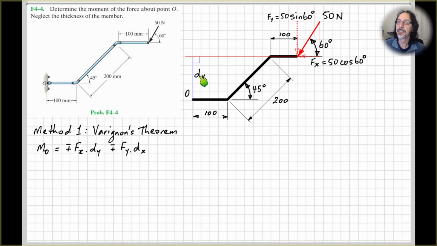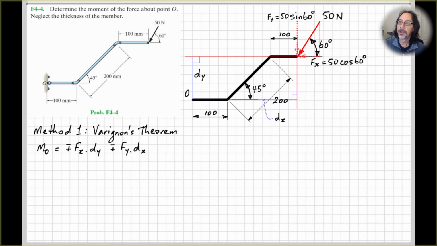So in this case, it's this distance here, dy, and I'm just using this little triangle here. We can see that this vertical side here will be opposite to the 45-degree angle, so that will be 200 sine 45.